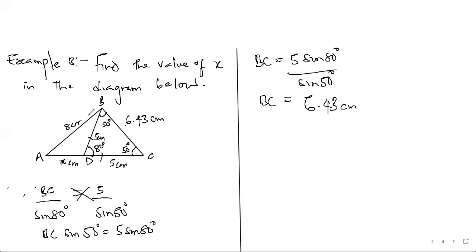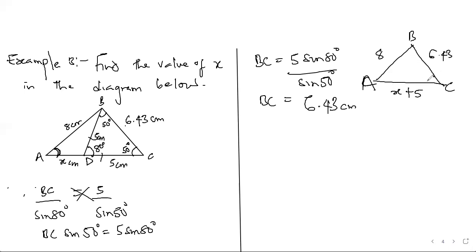Now I have this side, and I can find this angle A using sine rule. If I draw this triangle out, triangle ABC looks like this. This is A, this is B, and this is C. This is 8, this is 6.43, and this is X plus 5.